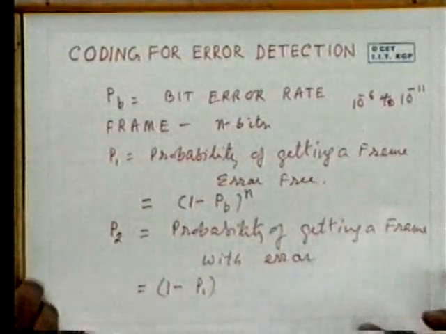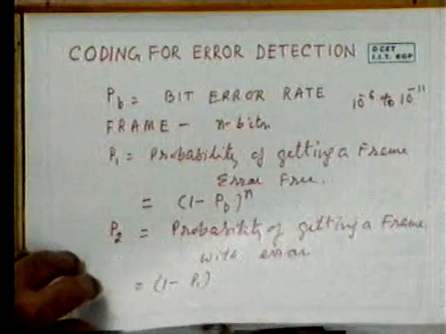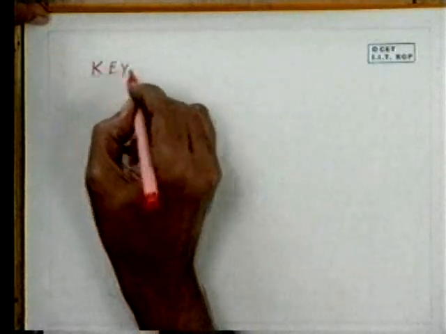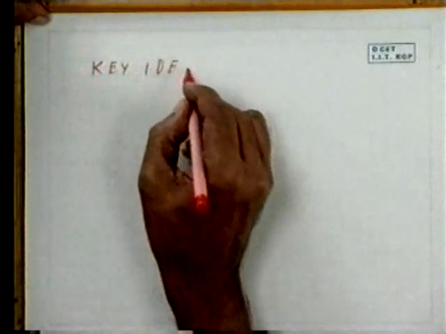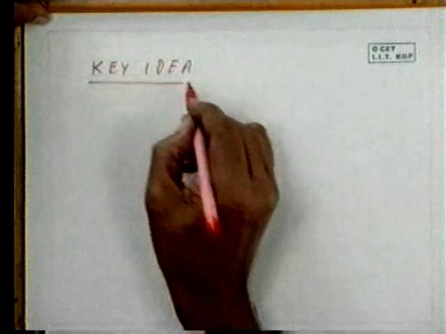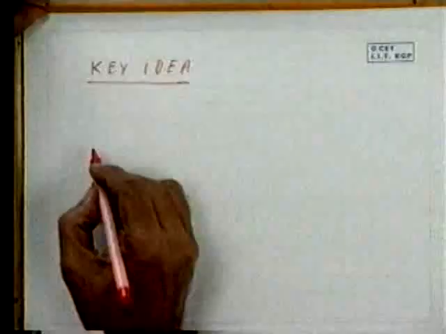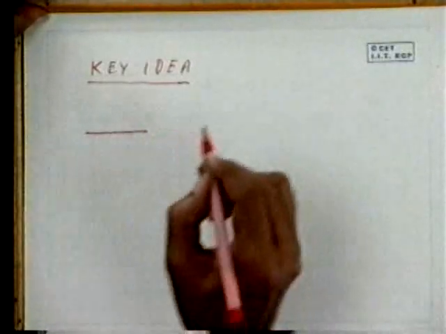Now let us consider how you can do the coding. What is the basic idea of coding? The key idea for coding for error detection is to use some redundancy.